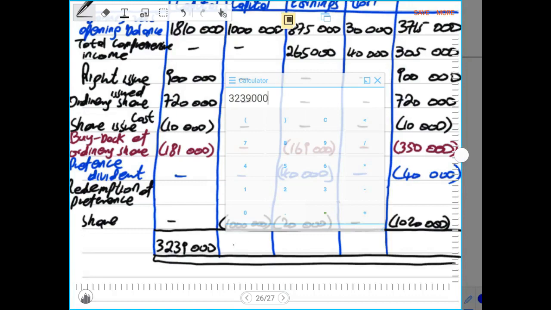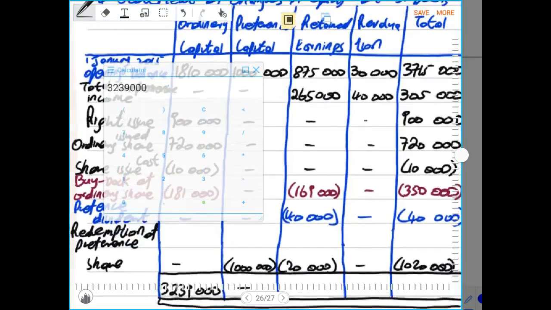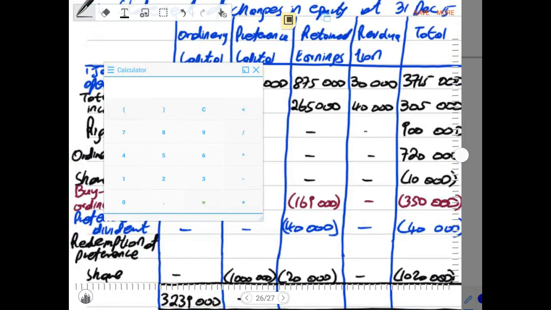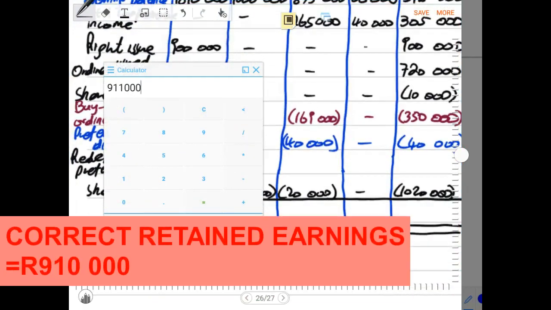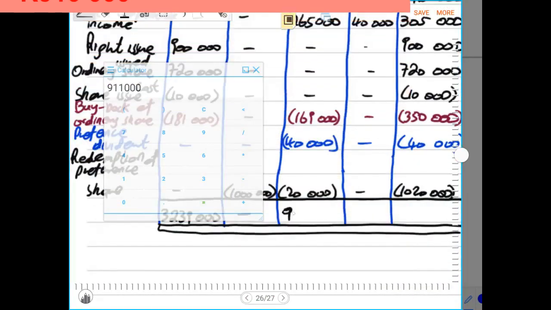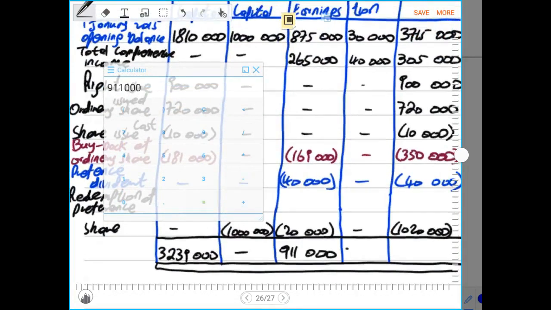Then preference, we have nothing. Our retained earnings will be 875,000 plus 265,000 minus 169,000 minus 40,000 minus 20,000. Then this will give us 911,000, and this will be 70,000.